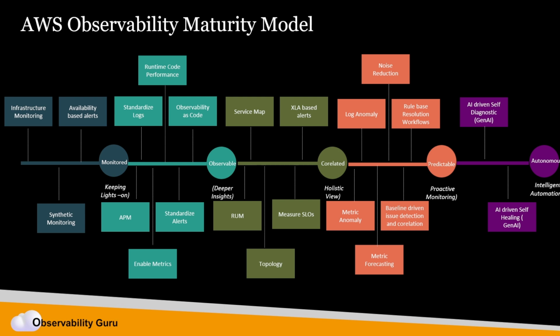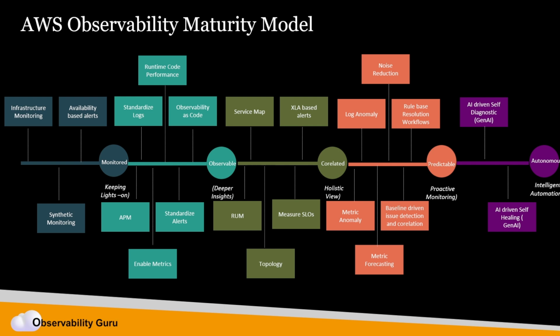So all of this will provide you a path. If you are starting new, you can start from keeping lights on at level 1, and then you can go through this journey. I'm not suggesting every application has to be at level 5 or level 4. Depending on your application, business criticality, the end user involvement, and various other factors, you can decide where you want to be in this maturity model.